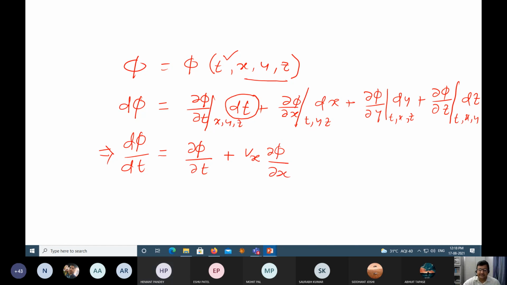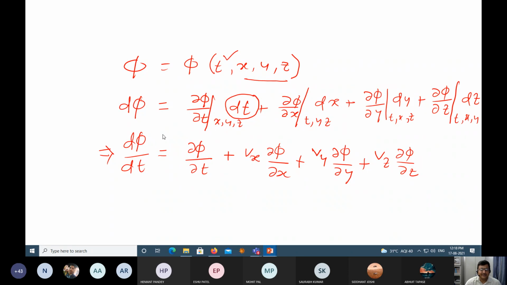Because this dx by dt is going to be Vx. Then what will be my next term? Vy into del phi by del y. Then Vz into del phi by del z. Right. So now you see the variation that I was looking for, variation of phi any scalar.